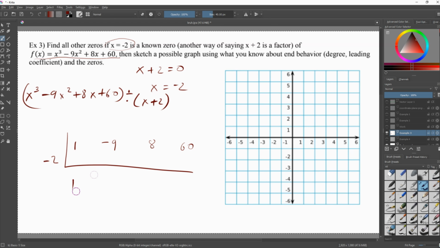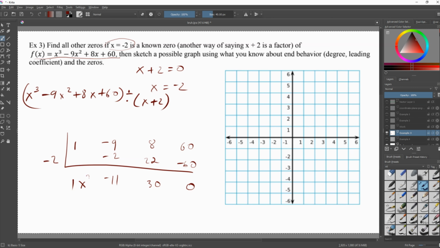So I just drop 1. And multiply to that, I get negative 2 here. And I get negative 11. Multiply to that, I get 22. So that gives me 30. Multiply to that, I get negative 60. So I get 0.